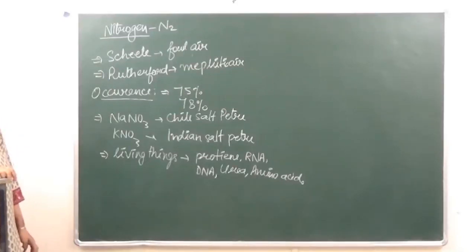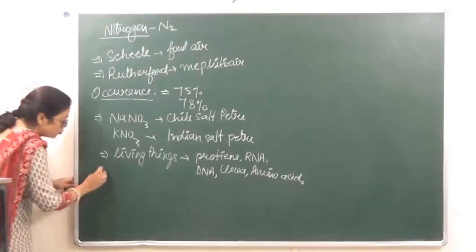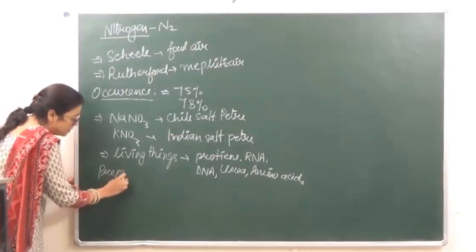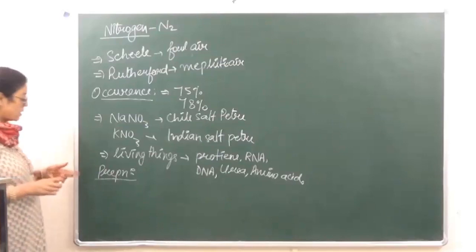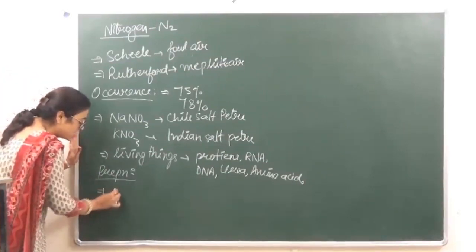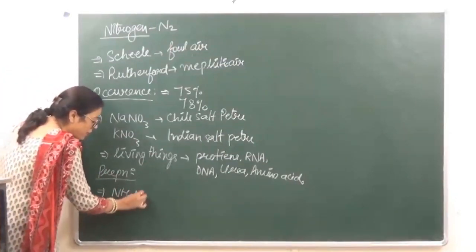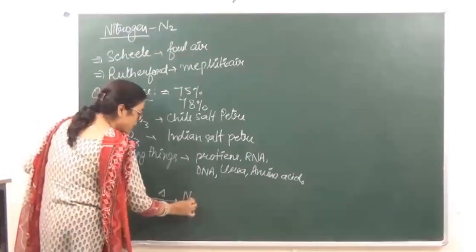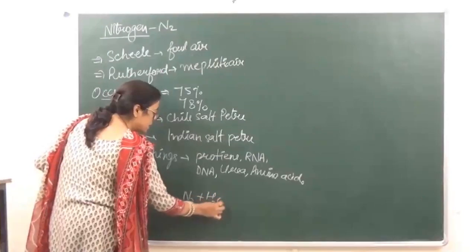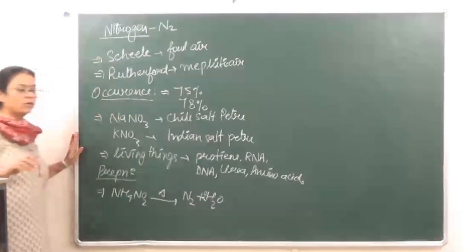When we are preparing nitrogen, preparation of nitrogen can be done by the following methods. We can heat nitrites of the type NH4NO2. Then this is going to be heated. This is going to give us N2 and water.